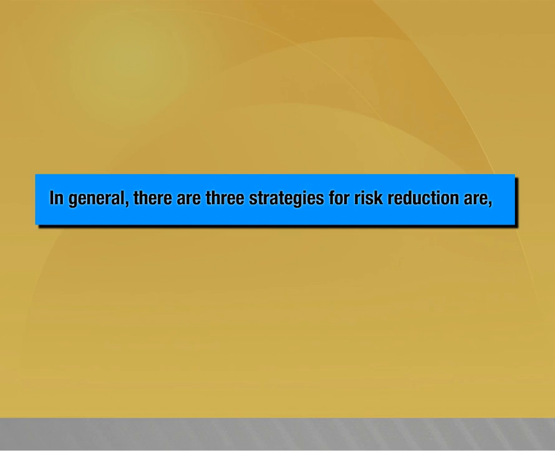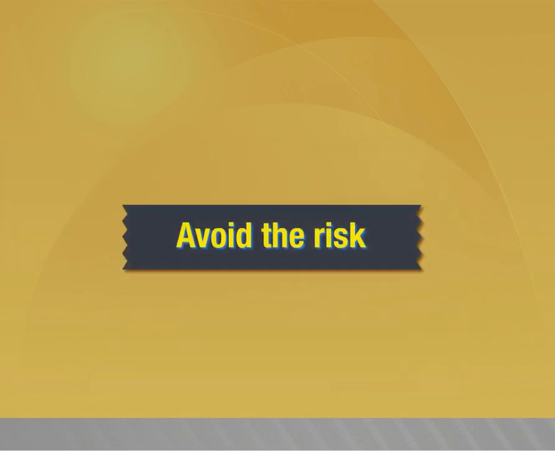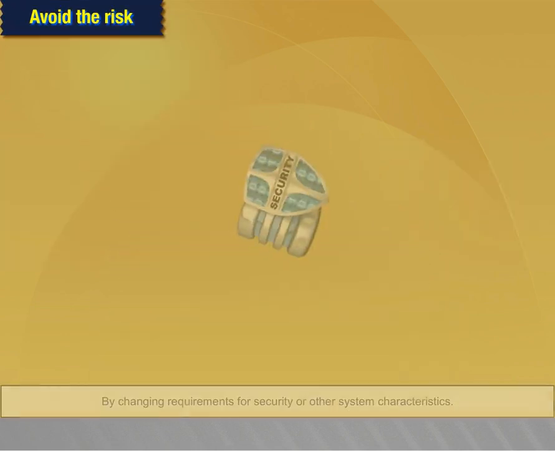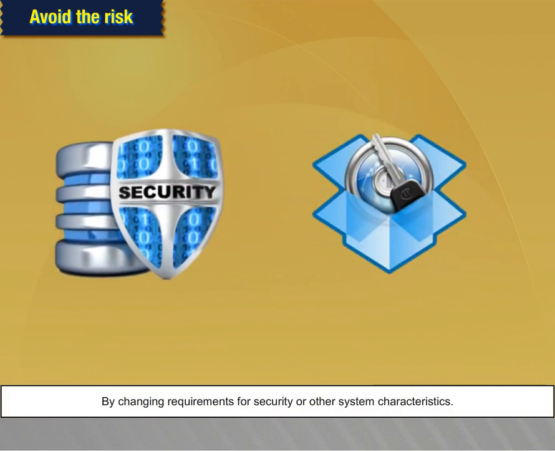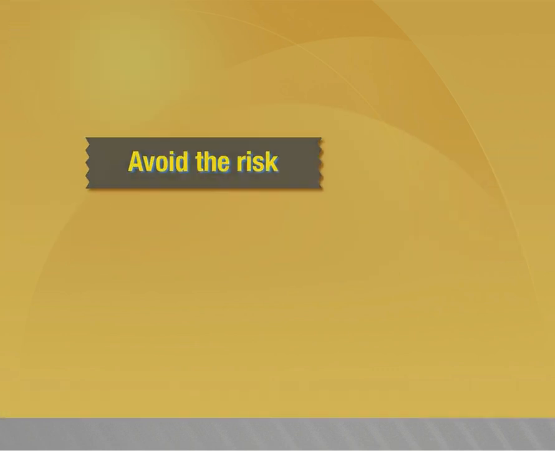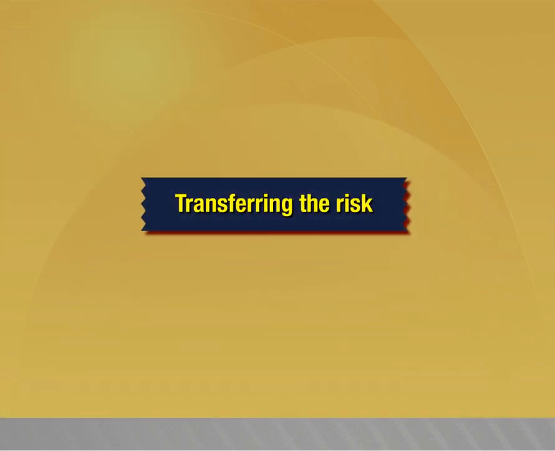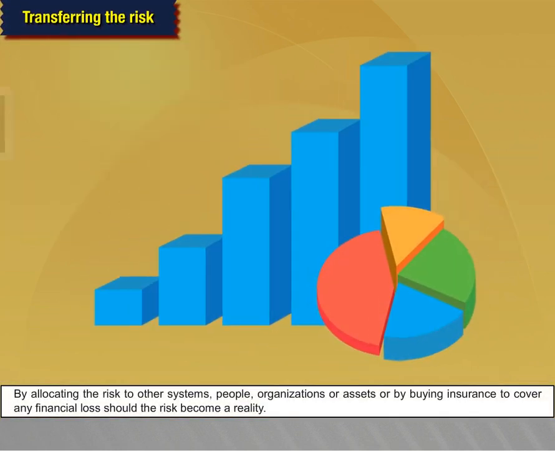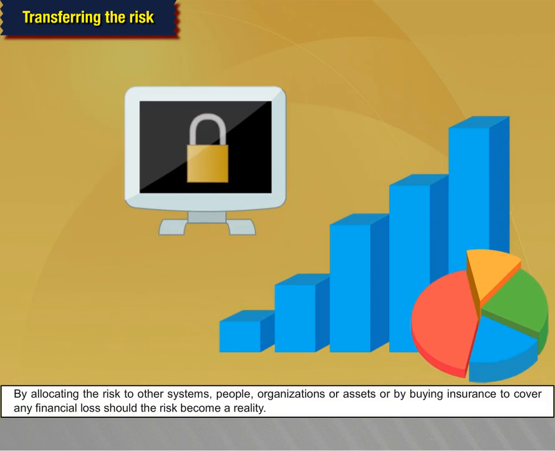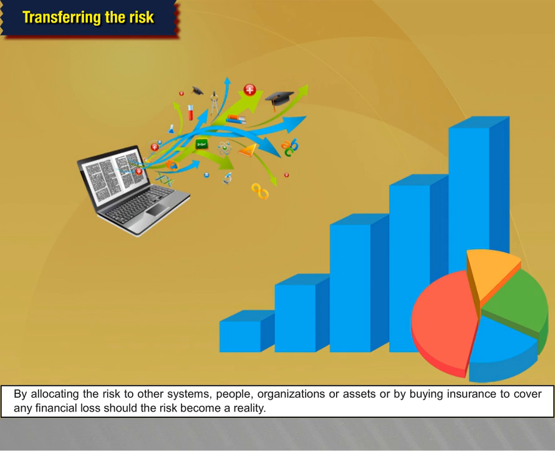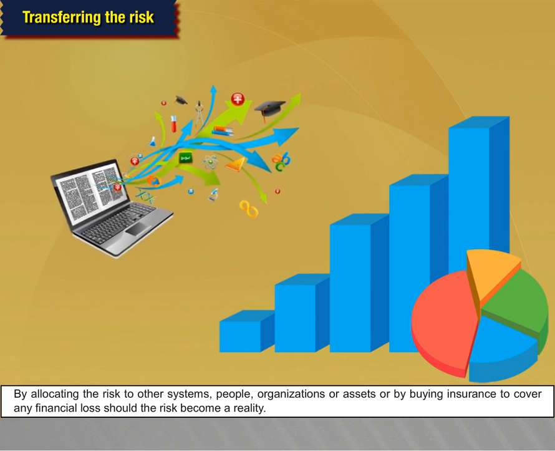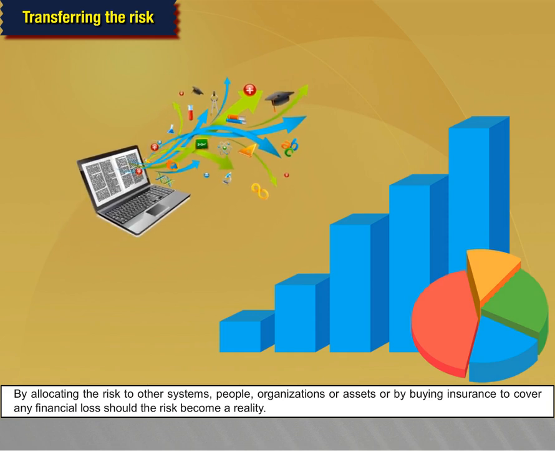In general, there are 3 strategies for risk reduction. First, avoid the risk by changing requirements for security or other system characteristics. Second, transfer the risk by allocating the risk to other systems, people, organizations, or assets, or by buying insurance to cover any financial loss should the risk become a reality.